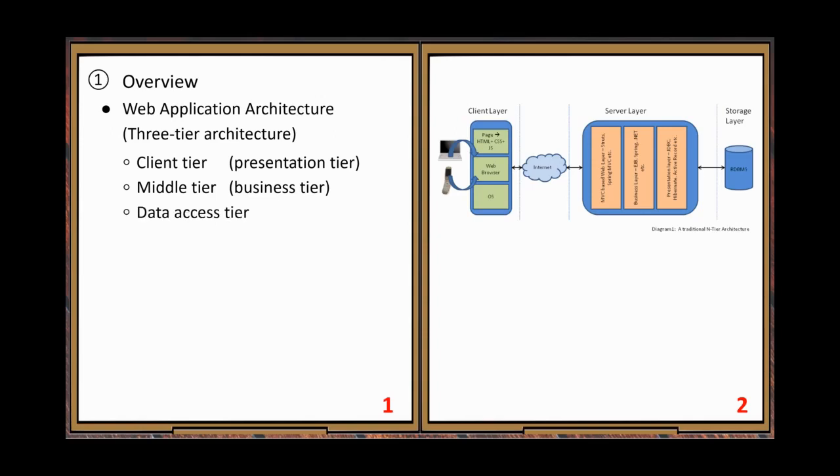Then, third layer, data access layer. You can see the database is there. We know the database is extremely important, critical, for web applications, so there is one complete layer for it.